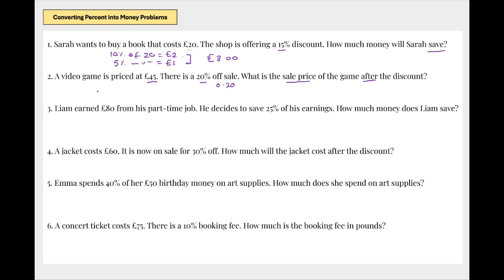So now I'm going to do 45 times 0.20, which is £9. So the sale price is going to be the original price, £45, subtract the 20%, which is £9, which is going to give you £36 for the game.